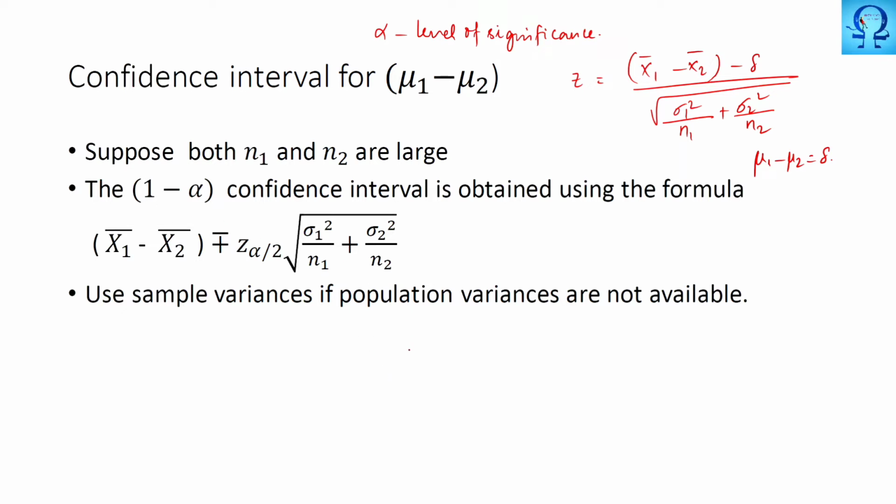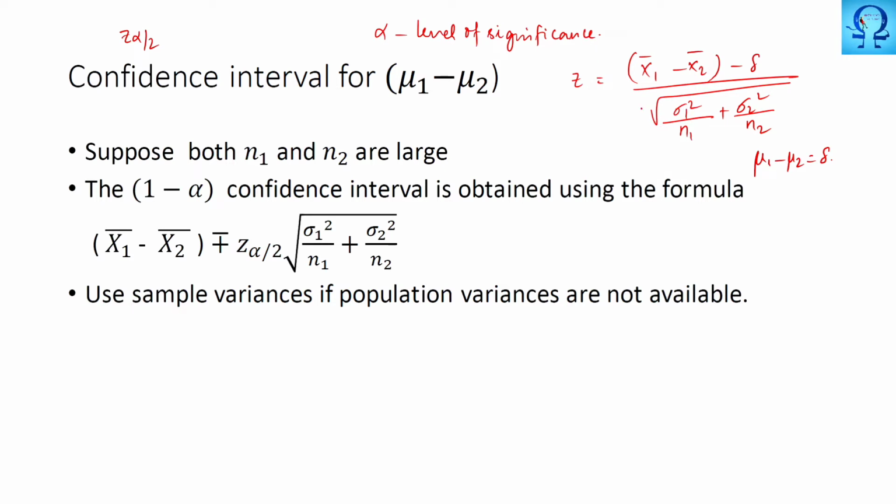So usually we calculate z alpha upon 2 in these kinds of situations, when equal things are to be calculated. Then just do the calculations from here.